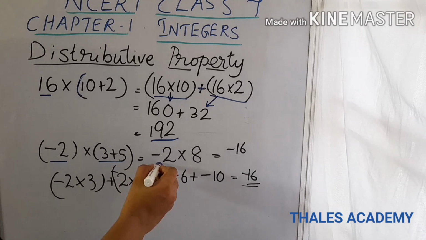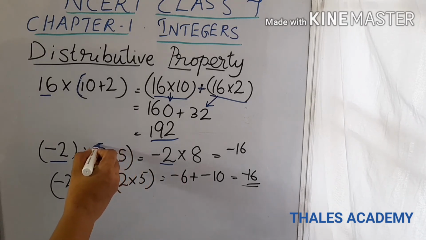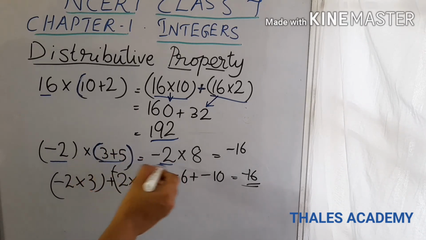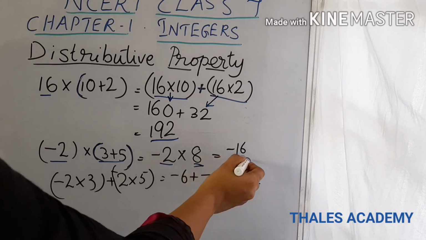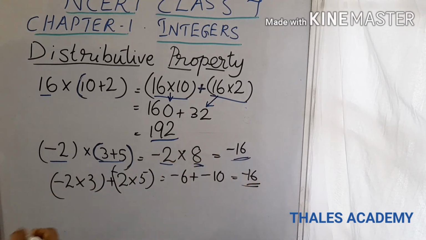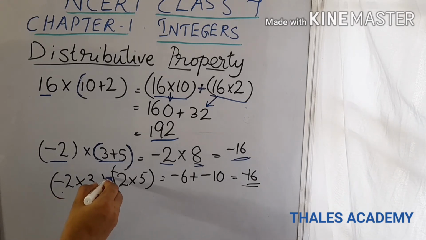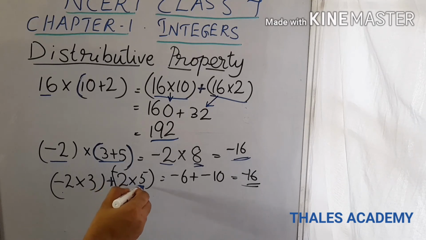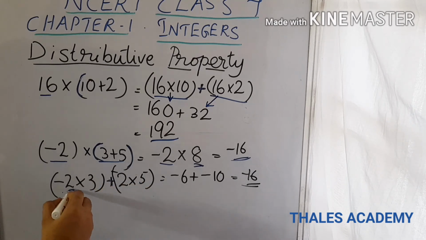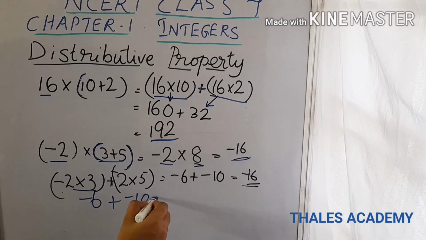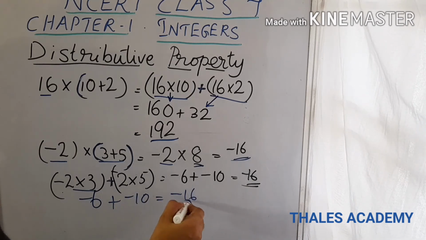That is minus 2 into the sum of these two integers, that is 8. We get minus 16. In another way, minus 2 into 3 plus minus 2 into 5. We get minus 6 plus minus 10. The answer is minus 16.